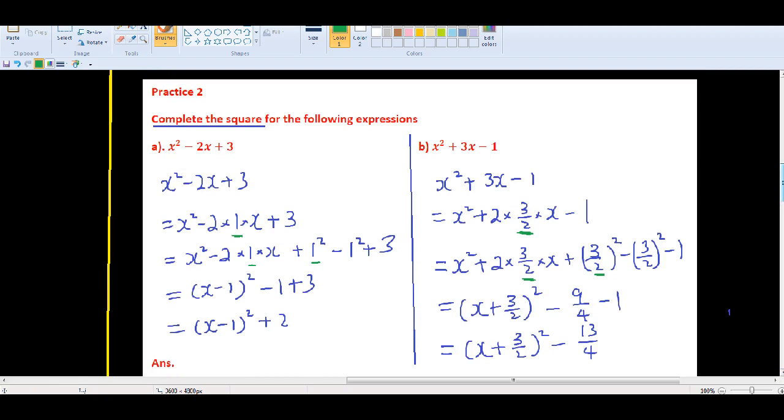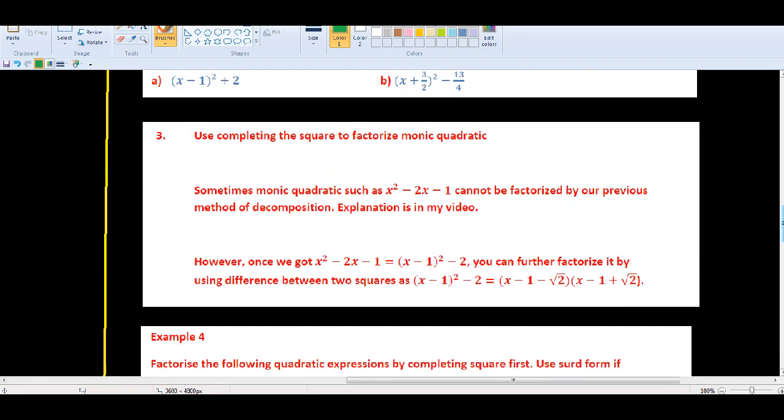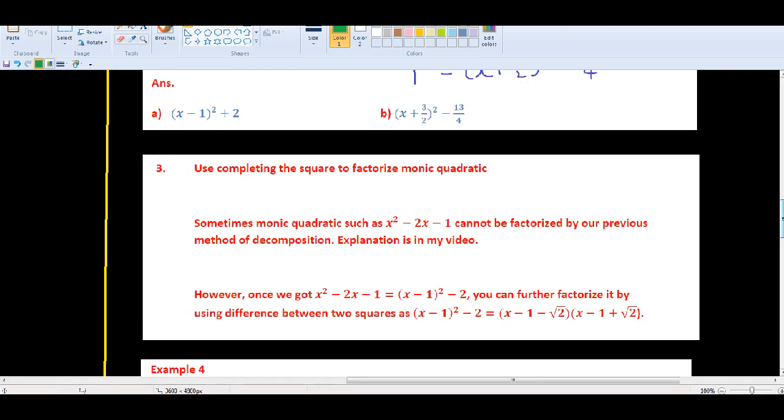Alright, so that's simply the completing square of the second type. Essentially they are the same, but with a bit more to do. Okay, so I promised you before, why do we need to learn this completing square?